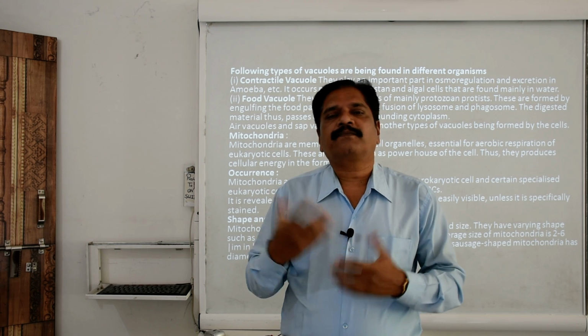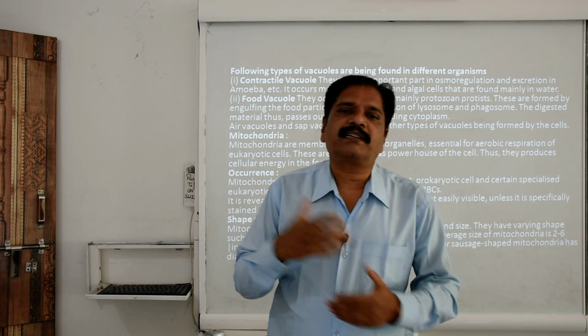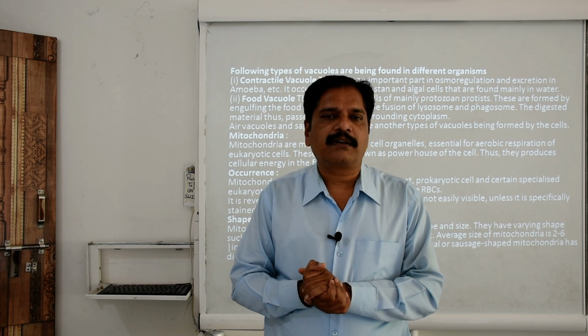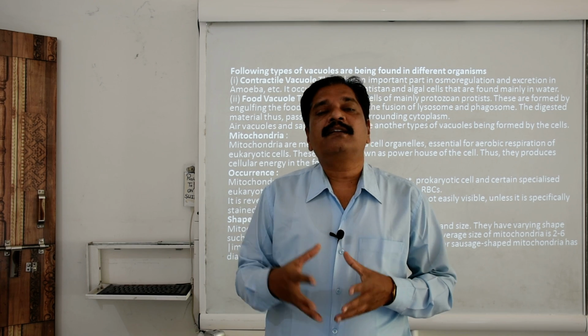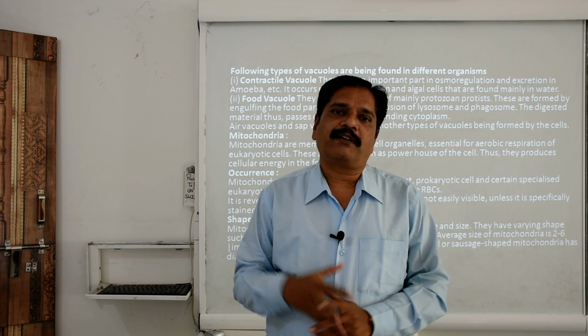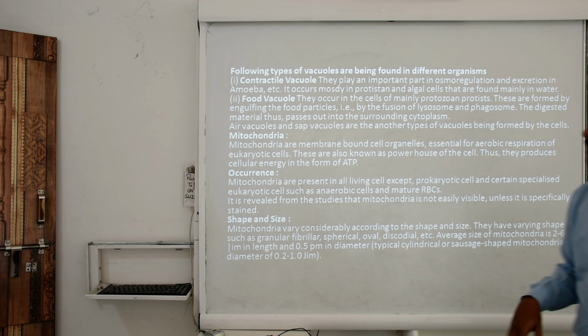You know that there are three processes in aerobic respiration: glycolysis, the Krebs cycle, and the electron transport system. Glycolysis is generally observed in the cytoplasm, while the Krebs cycle and electron transport system occur inside the mitochondria. So that's why it is called the powerhouse of the cell.